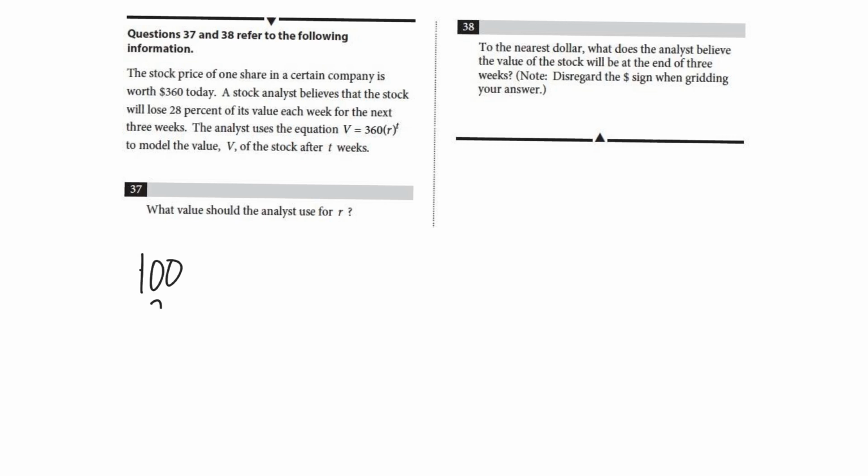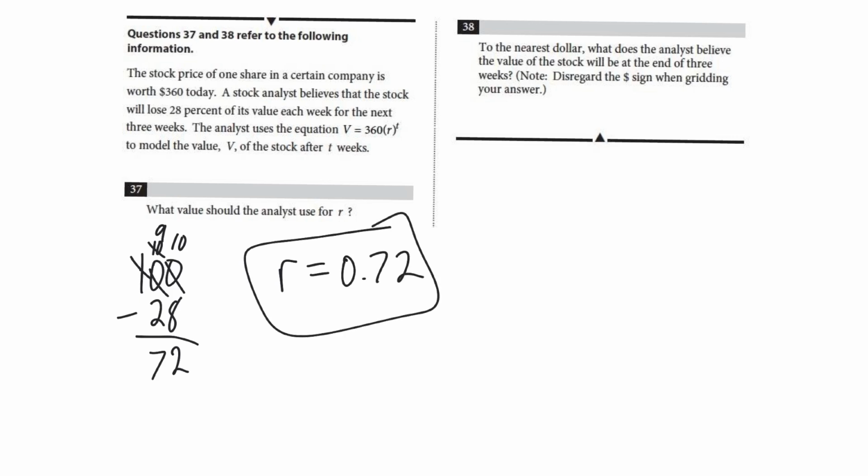That's going to be 72%. So each year, the value will be 72% of what it was the previous year. So R, the rate that we're multiplying by, should be 72%. But we need to use a decimal, and the decimal needs to be less than 1 because we're decreasing. So R must equal 0.72, or 72 hundredths.